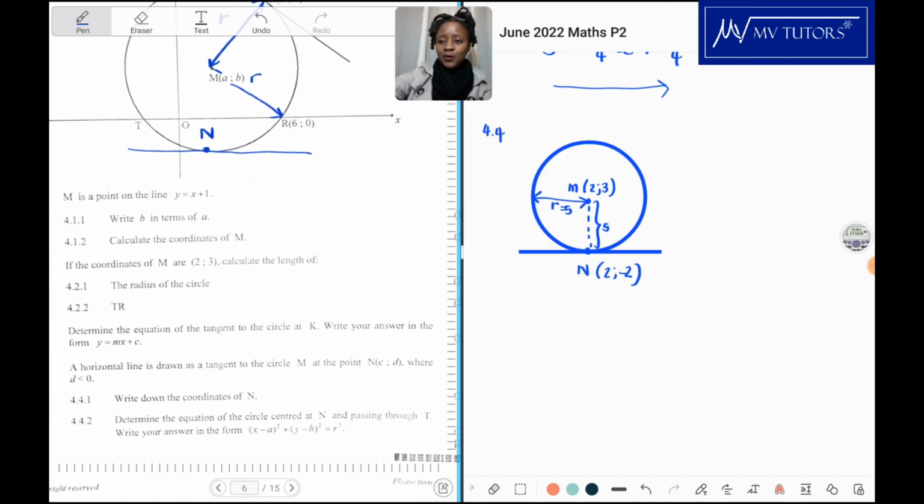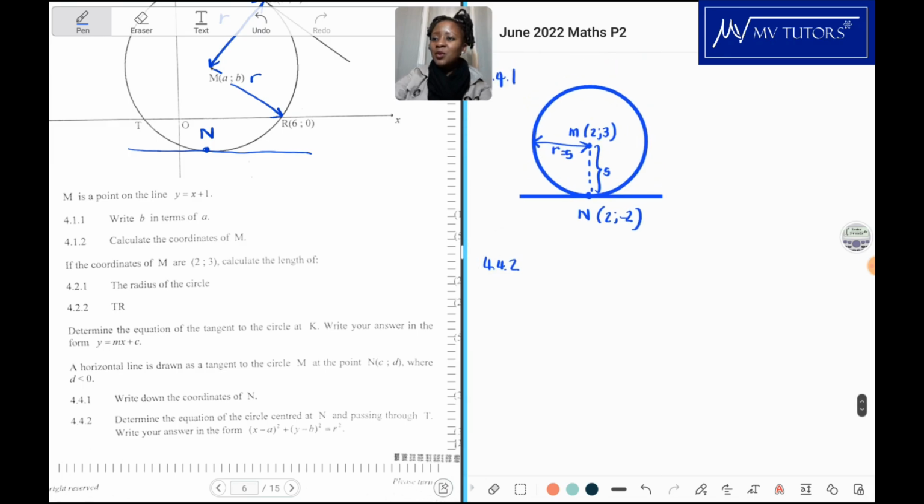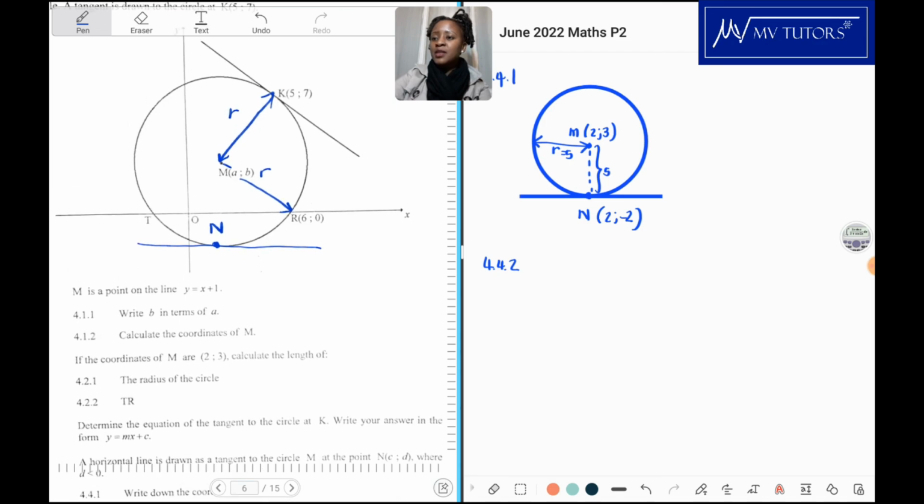And then 4.4.2. It says determine the equation of the circle centered at N and passing through T. So now we have a circle centered at N passing through T. The circle is probably going to look something like that.